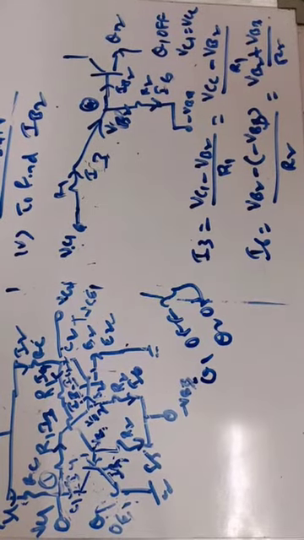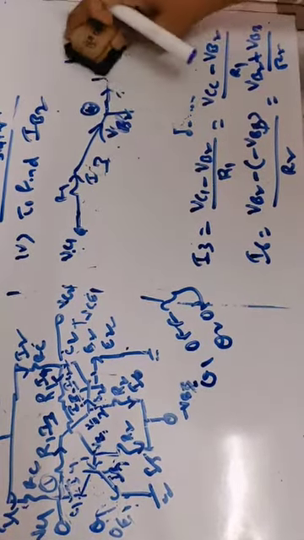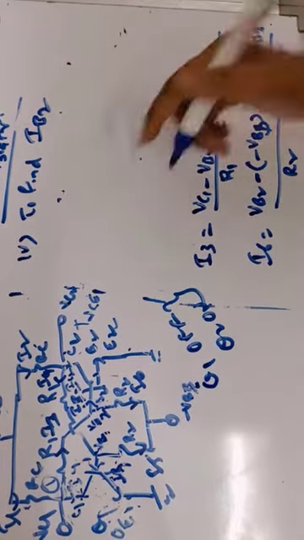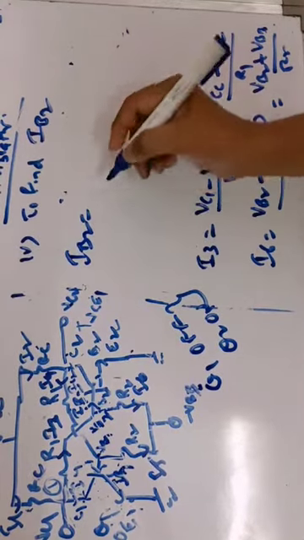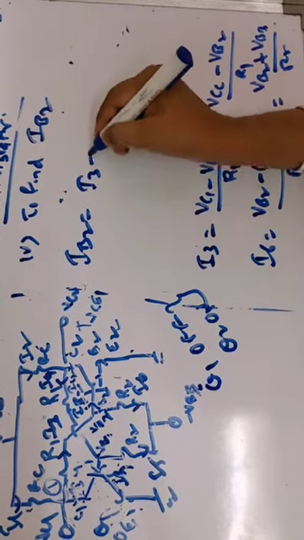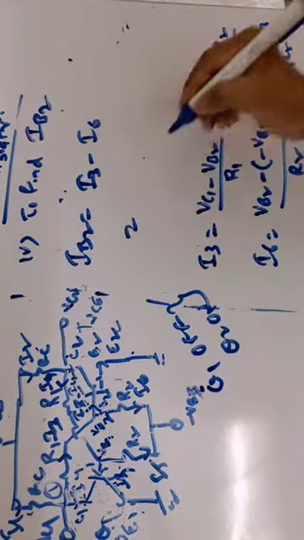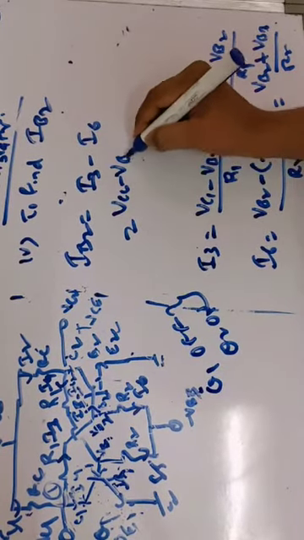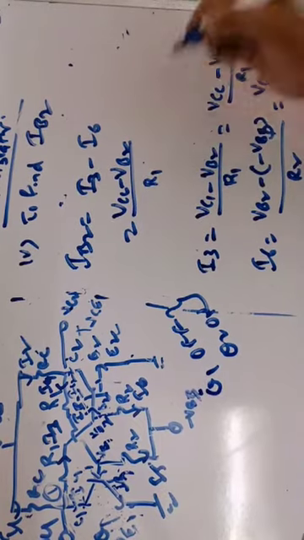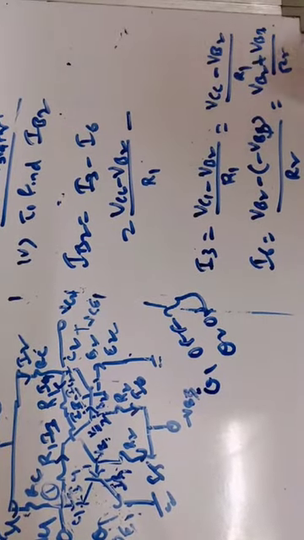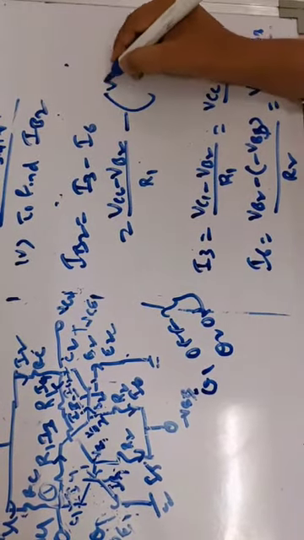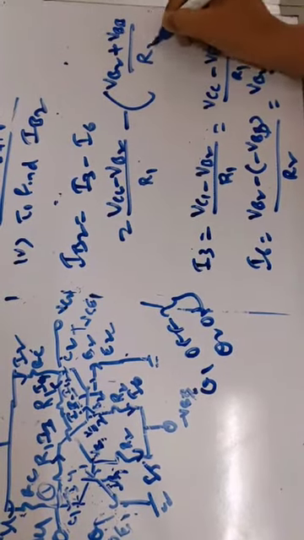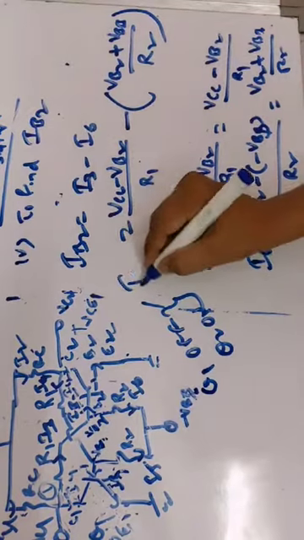The final expression for the base current IB2 is the difference between I3 and I6: IB2 is equal to (VCC minus VB2) divided by R1, minus (VB2 plus VBB) divided by R2.